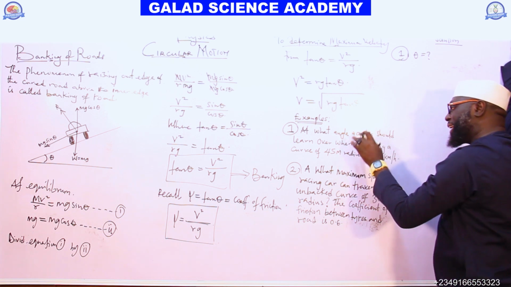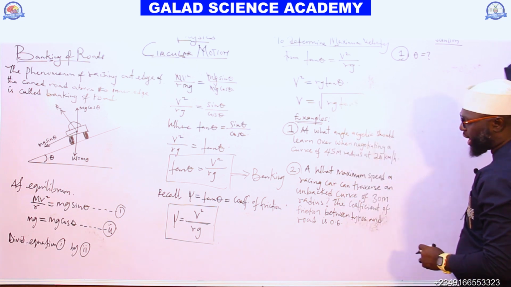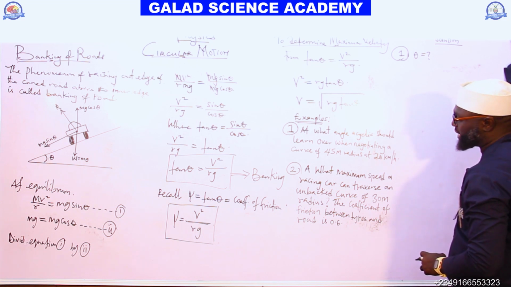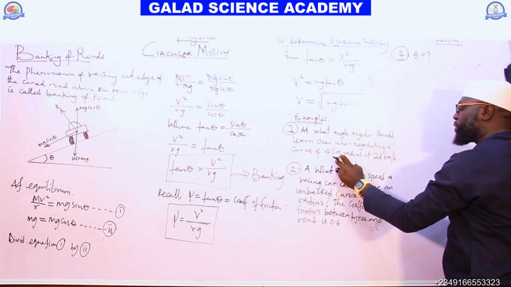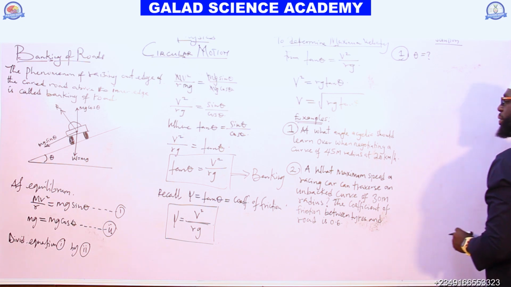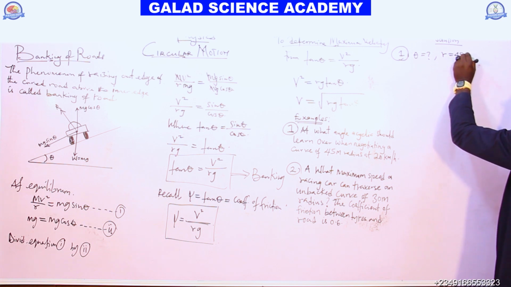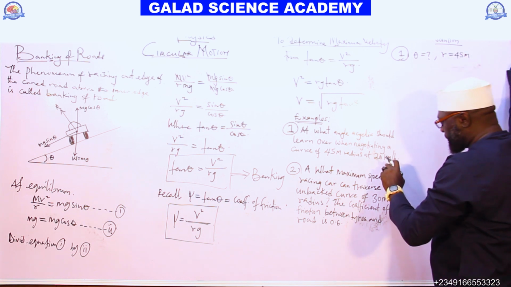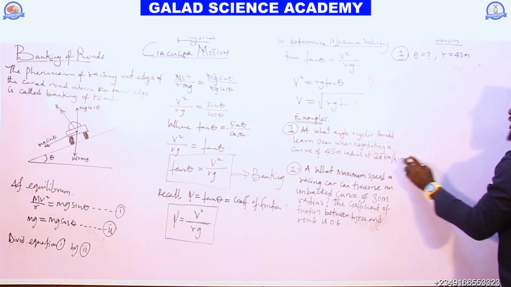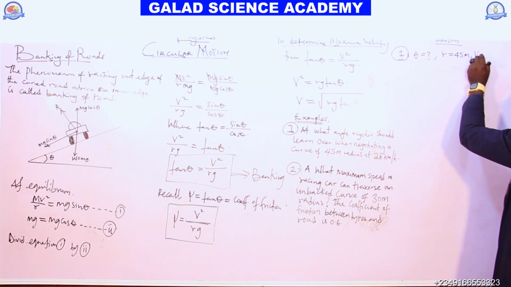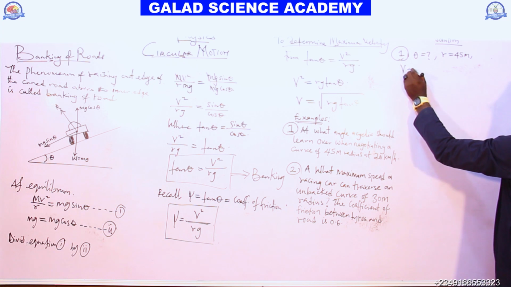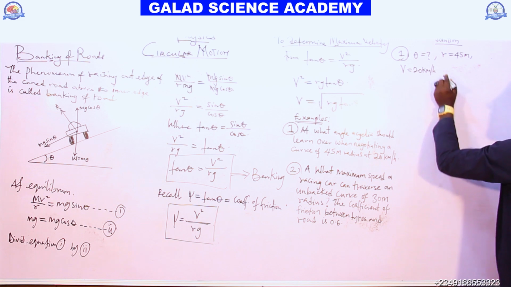At what angle should a cyclist lean over when negotiating a curve of 45-meter radius? The radius is 45 meters, at 20 kilometers per hour. The velocity is 20 kilometers per hour.